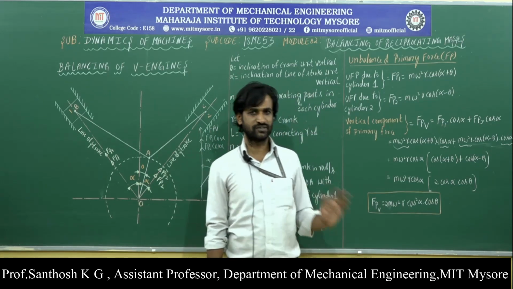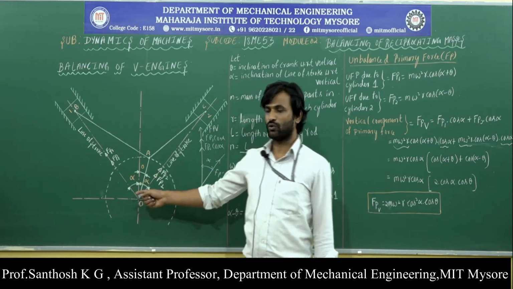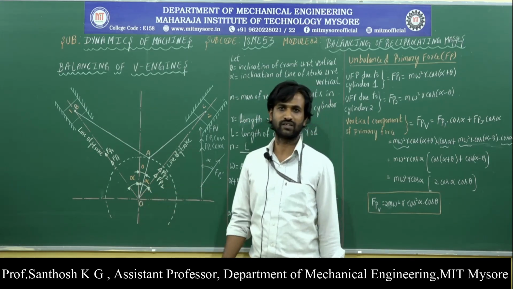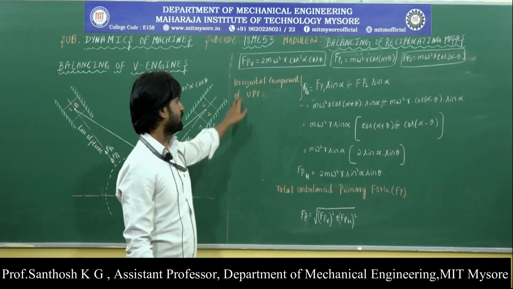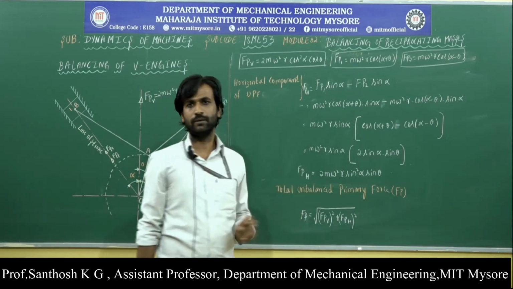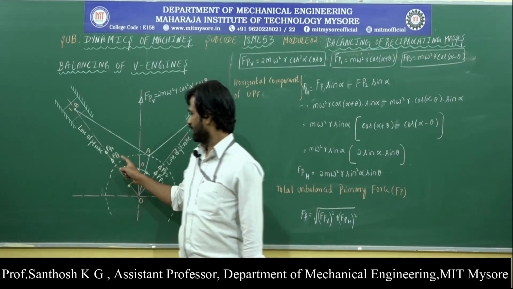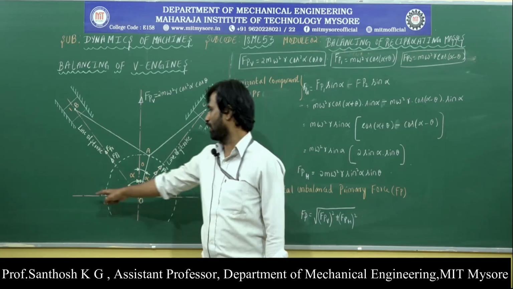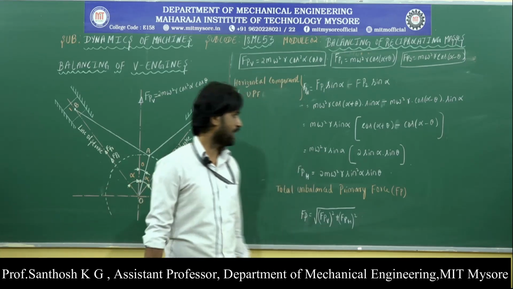Now let us see what is the total primary force that will be acting along the horizontal direction. In order to get the horizontal component of the primary unbalanced force, again we need to resolve Fp1 and Fp2 along the horizontal axis.